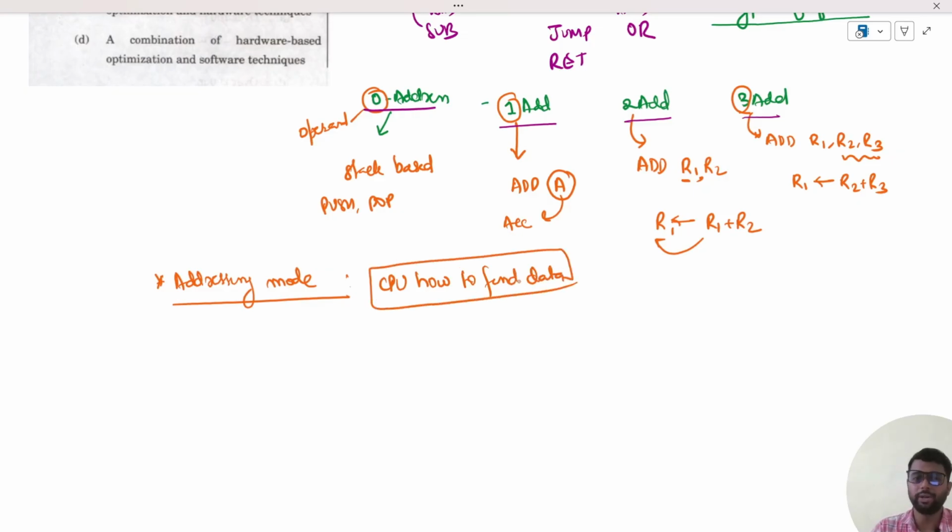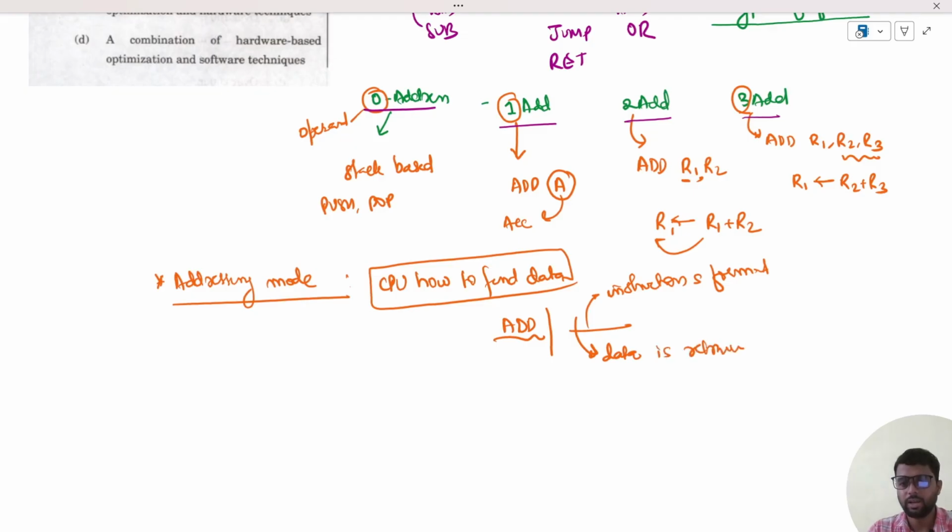For example, add is the opcode, and how many operands you are using defines the instruction format. But how the data is retrieved from the operand defines the addressing mode.